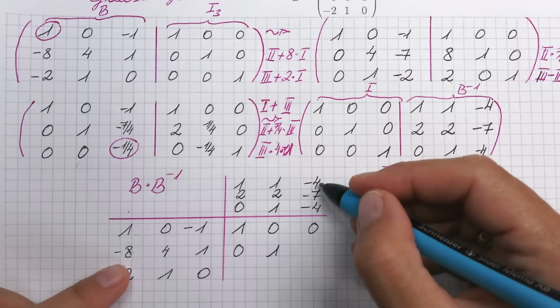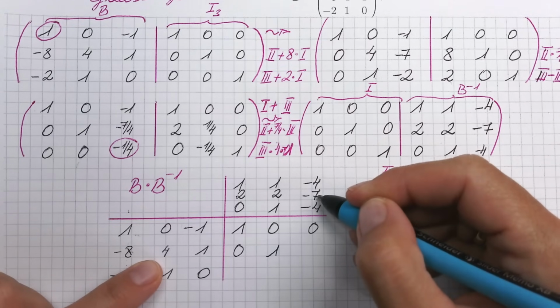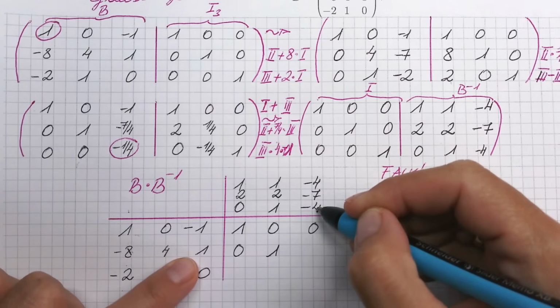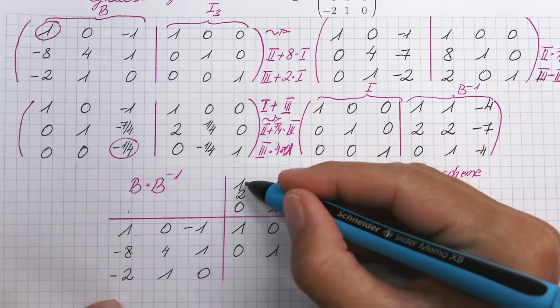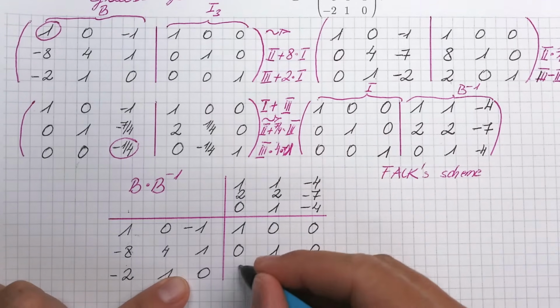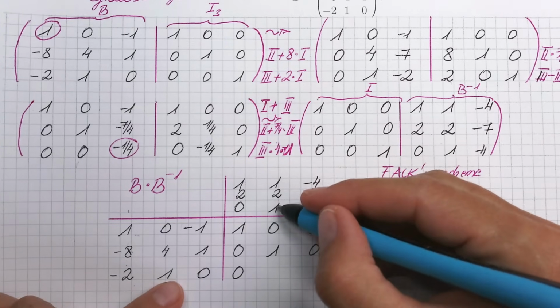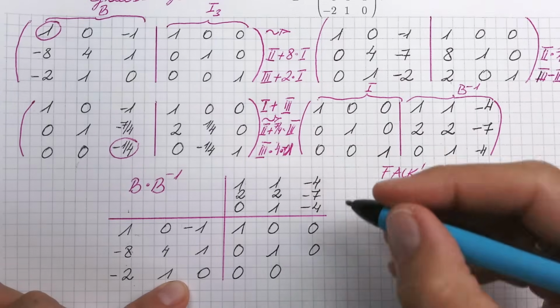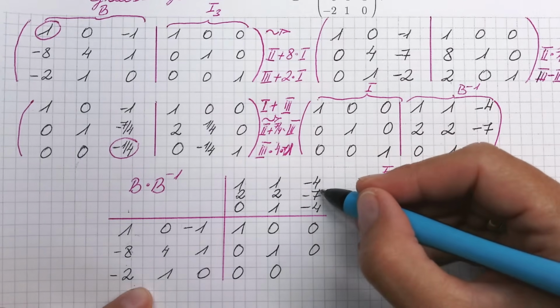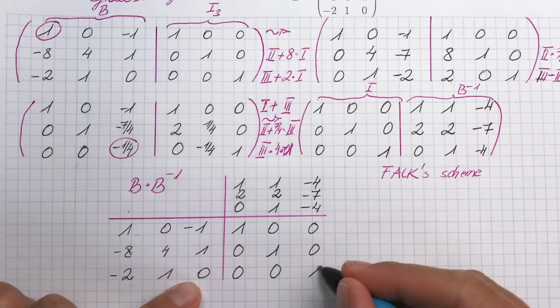This is 32 minus 28 is 4. Minus 4 is 0. Here we have minus 2 plus 2 is 0 plus 0 is 0. Minus 2 plus 2 is 0 plus 0 is 0. And here we have plus 8 minus 7 is 1 plus 0 is 1.